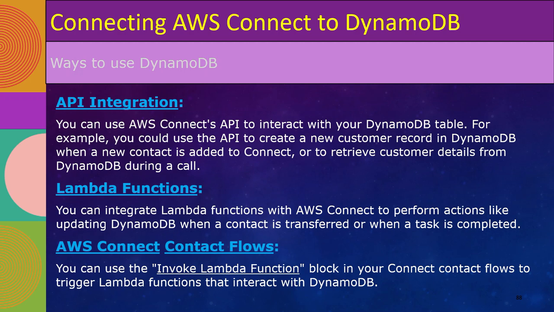This is talking about the contact flows. You could use the invoke Lambda function block in your Connect contact flow to trigger Lambda functions that interact with DynamoDB. And like I said, that goes for okay, we're going to route this user to this agent because this customer is Spanish speaking and we need that Spanish agent. But wait a minute, the agent is out to lunch.